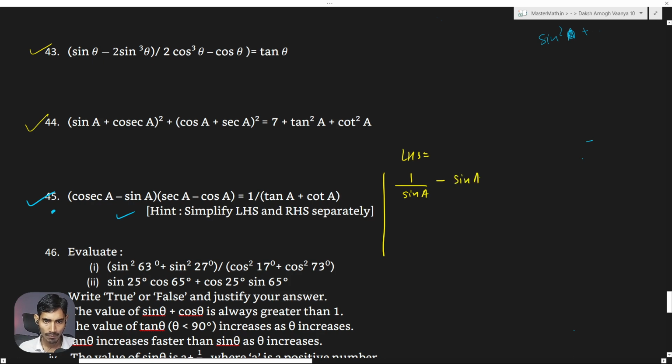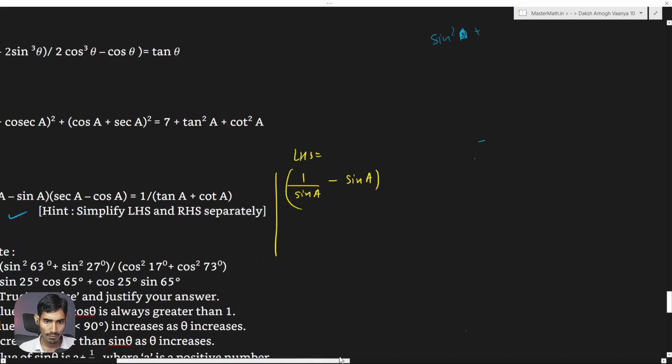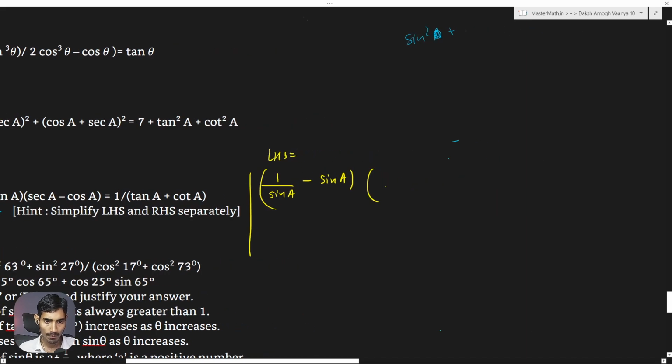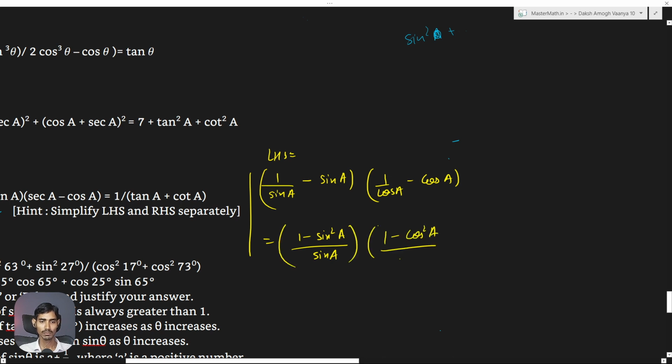In the second bracket we can write sec A as 1 by cos A, and the cos A remains the same. Taking the LCM in both the brackets, we get 1 minus sine square A by sine A, and in the second bracket we have 1 minus cos square A by cos A.